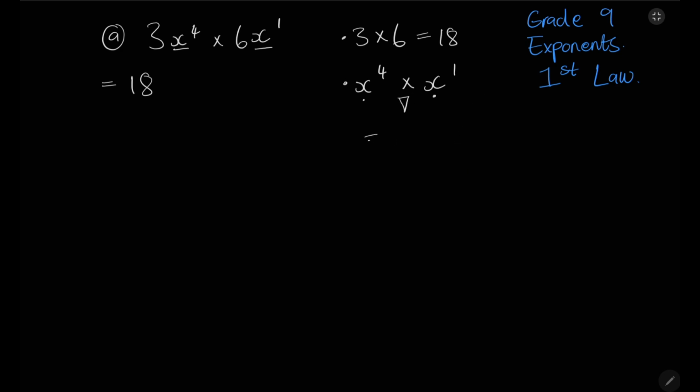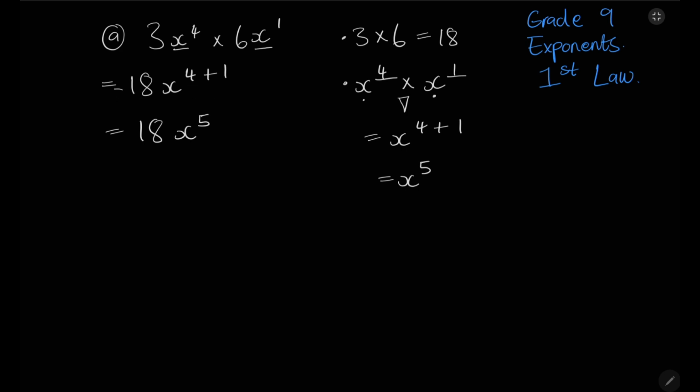Yes. So we write down our base as it is, x. We have 4. Same bases that are multiplied, you add the exponent. So this is 4 plus 1, which is x to the power 5. So this should be 18 x to the power 4 plus 1, which is 18x to the power 5. 4 plus 1 is 5.